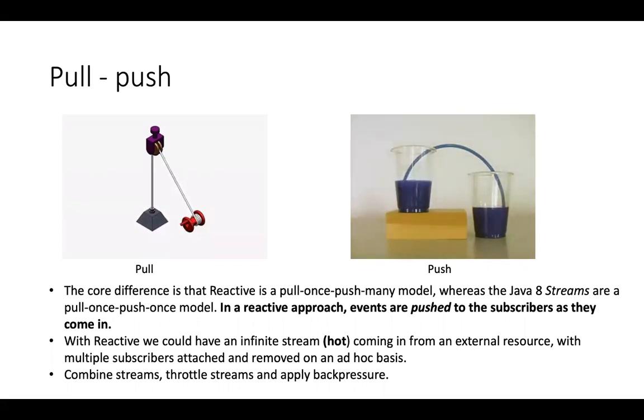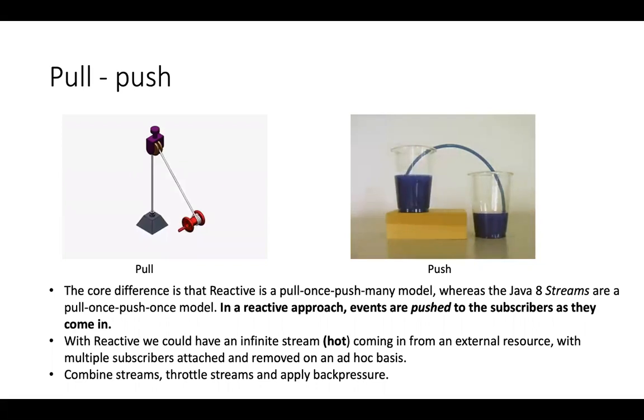But in reactive, we subscribe and we do it asynchronously. So we pull once, but we get many items in return. So reactive is pull once, push many. In shorthand, many times you will just find either pull or push. When you just get pull, it means pull once, push once.